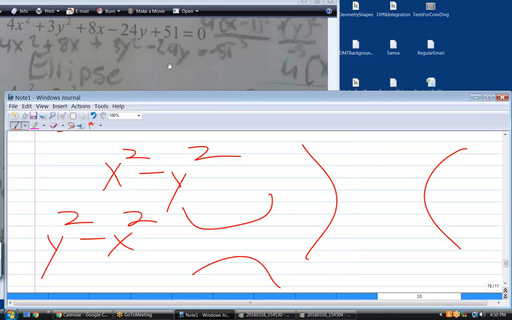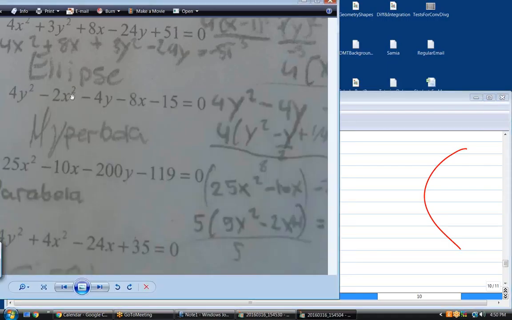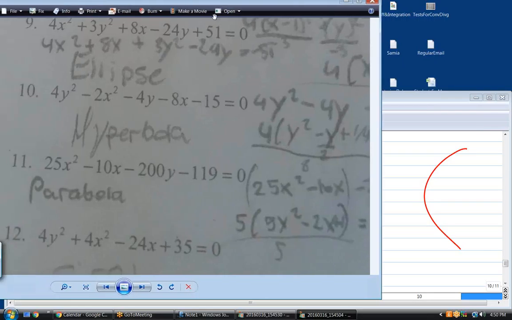This is y squared minus x squared, so this is vertical. What is 11? It's a parabola. Is it a vertical or a horizontal one? It is a vertical.